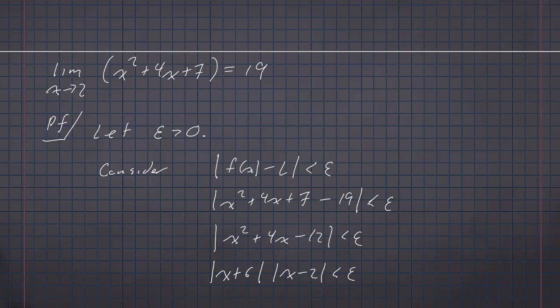The absolute value of the product of two numbers is the same thing as the product of the absolute value of those two numbers. So I can split that up as the absolute value of x plus 6 times the absolute value of x minus 2 is less than epsilon. Now, this isn't quite as convenient as what we came up with last time.